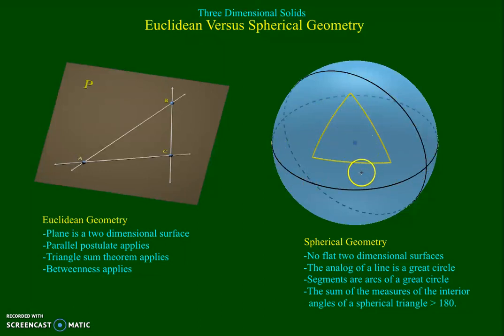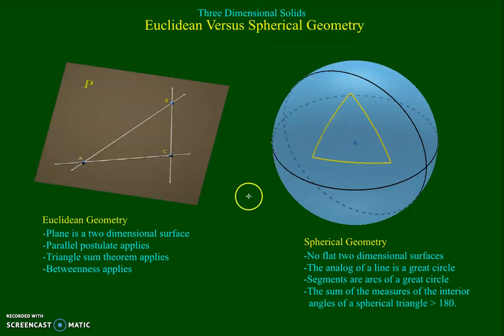Now, if you think of the Earth as having latitude and longitude lines, all of our longitude lines are great circles, but there's only one great circle that's a latitude line, and that's the equator. All the other lines of latitude do not have centers at the center of the Earth or the center of the sphere, and so those would not be considered great circles.